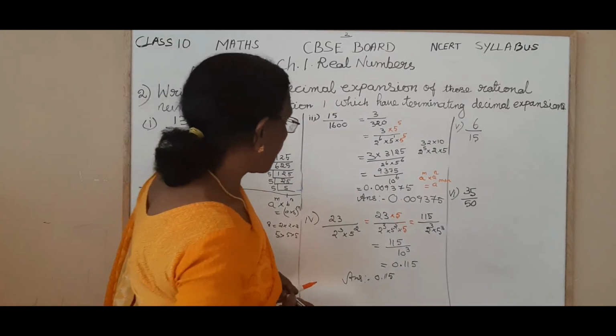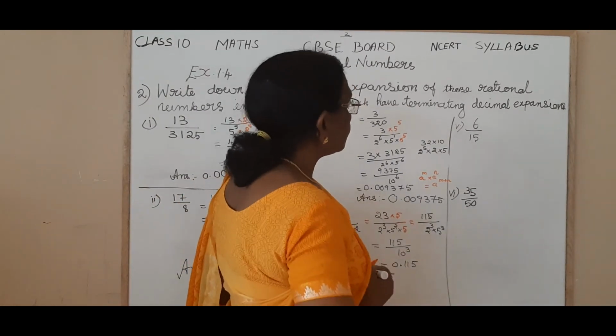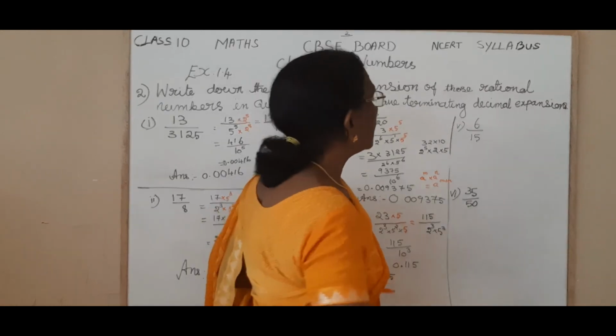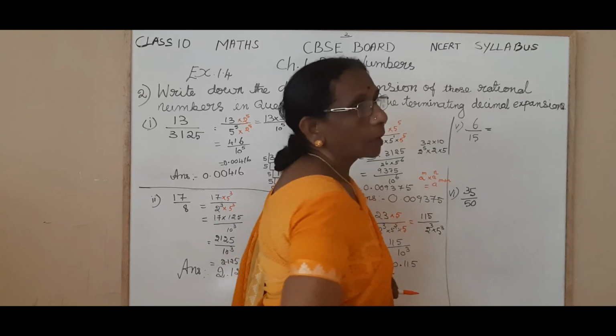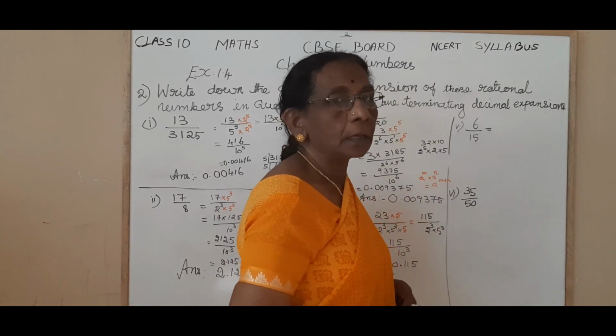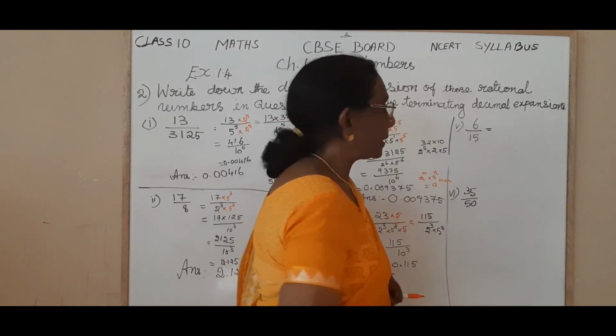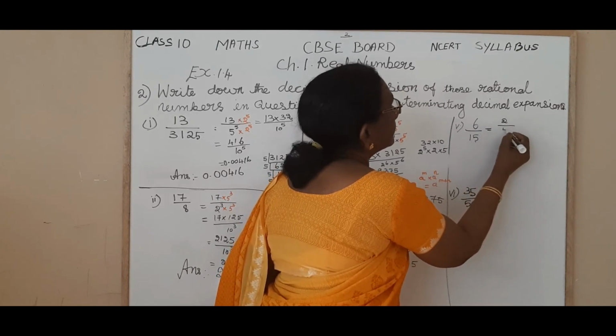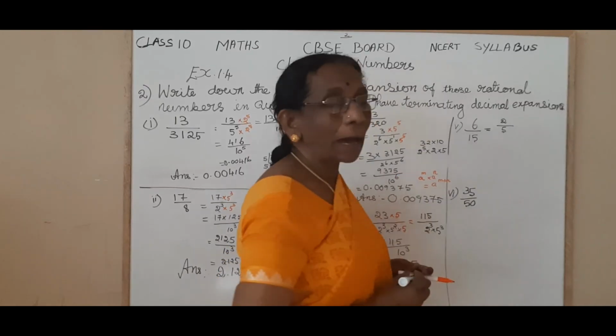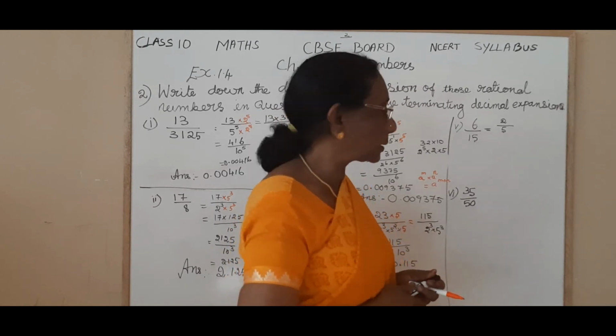Now we'll move to the next one. Next one is what? 6 by 15. So both are divisible by 3. So let us simplify that. So when you divide by this, you will get 2 by 5. Now you have 5. What is missing? 2 is missing.